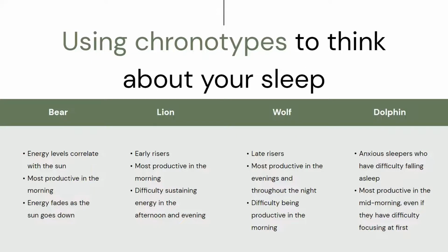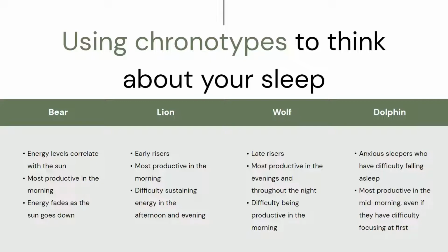They're most productive in the morning, and the bear is also going to have their energy fade as the sun goes down. The lion is also a daytime worker, but lions tend to be early risers. They are most productive in the morning and have difficulty sustaining energy in the afternoon and evening.